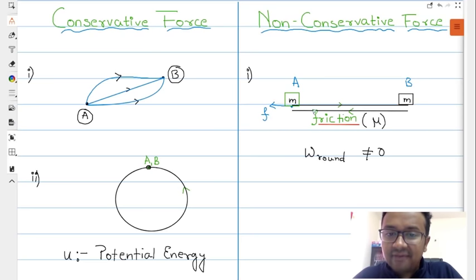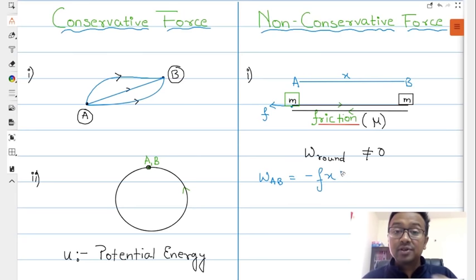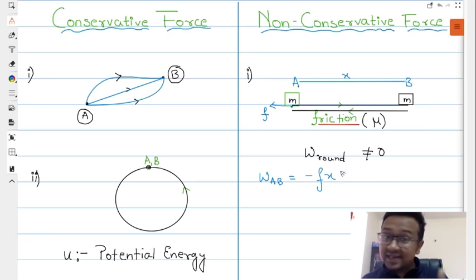Let's say the distance between A and B is some value X. The work done in going from A to B is going to be minus Fx, because the frictional force is acting towards the left and the displacement is towards the right. As a result, the work done is negative.